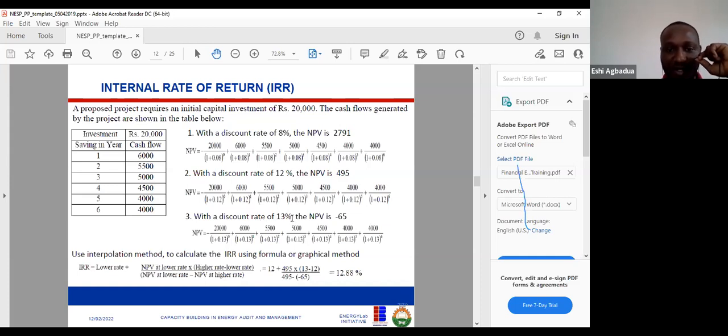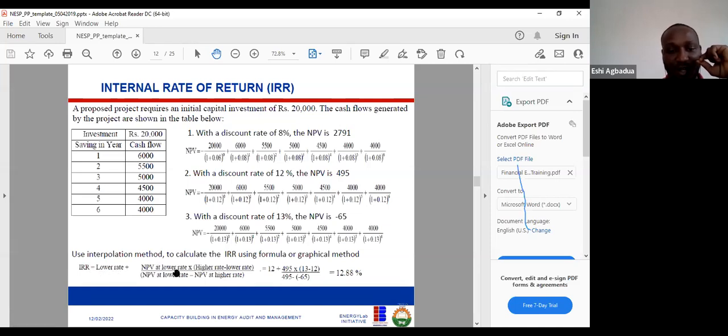Then another one, 13%, and the NPV is 6.65. So you could know that the rate is probably going to lie between 12 and 13%, and more likely closer to 13%. There's an interpolation method we use, or you can even use Excel to calculate the actual IRR of this particular project.